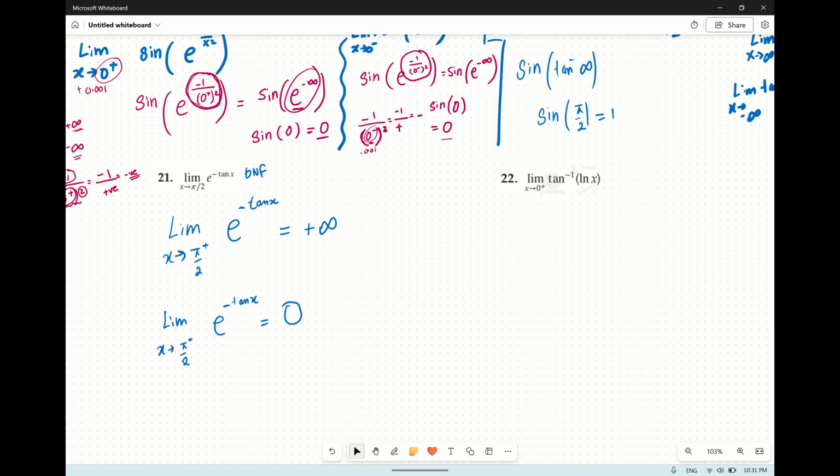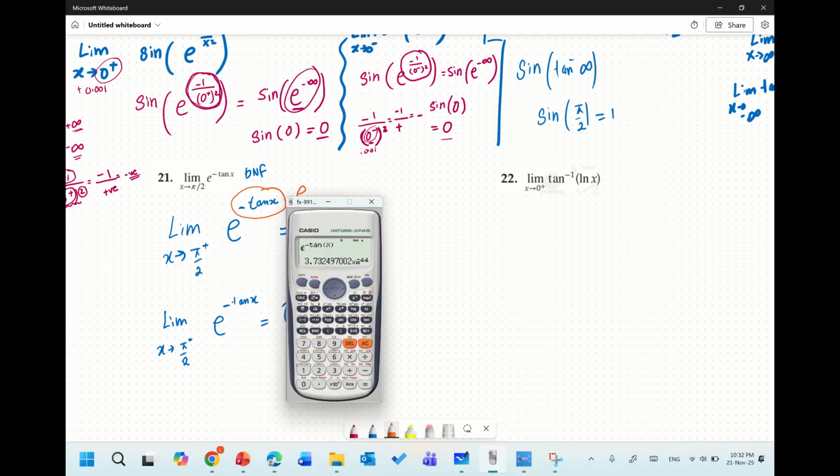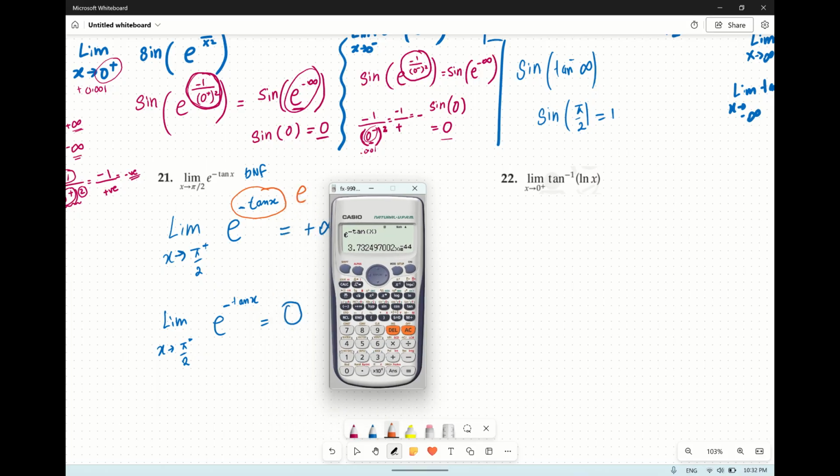If you want more details about this question here, e to the power negative tan x, what you can think is, what do I know about the tan when we are approaching pi over 2 from the right? You can say tan of pi over 2 plus 0.001.